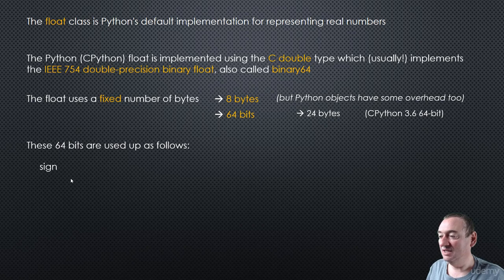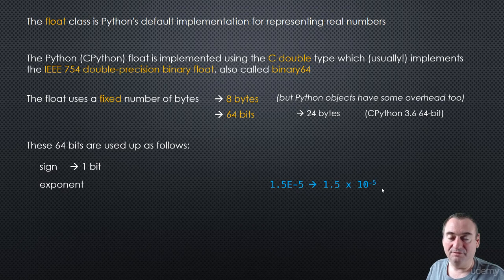So the first thing is we need a sign, right? Is it positive or negative? So we'll use 1 bit for that. And in general, we'll use 0 to indicate that the number is positive, and 1 to indicate that the number is negative. Now, we also have an exponent. And what do I mean by an exponent? Well, if we look at this number, 1.5e-5, this is the same thing as writing 1.5 times 10 to the negative 5.